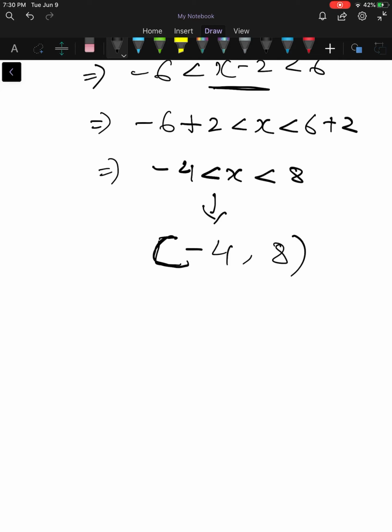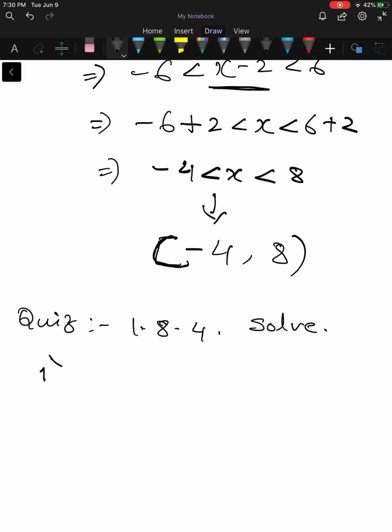So to give you some quiz questions, quiz number 1.8.4. Solve. Again, you need to just solve and find the solution.